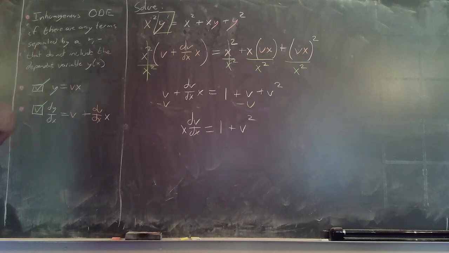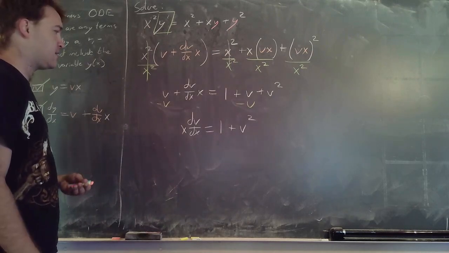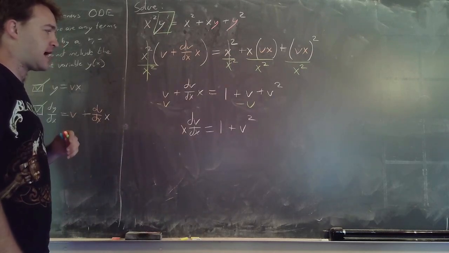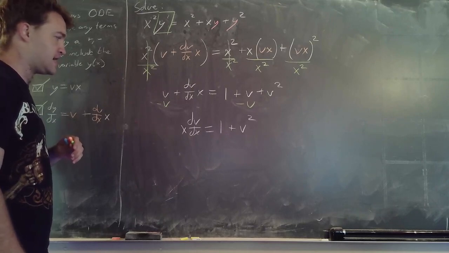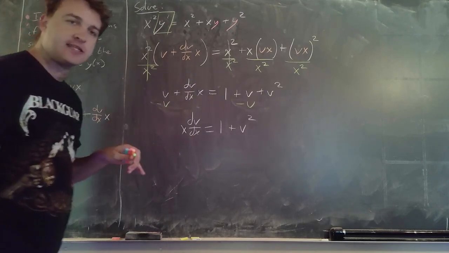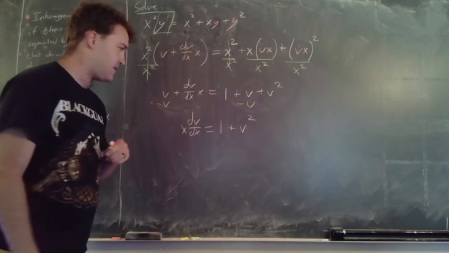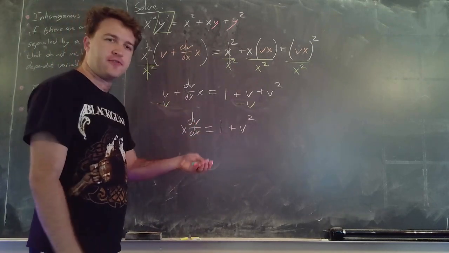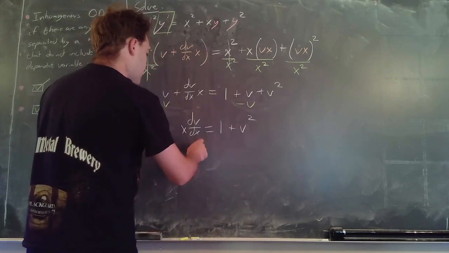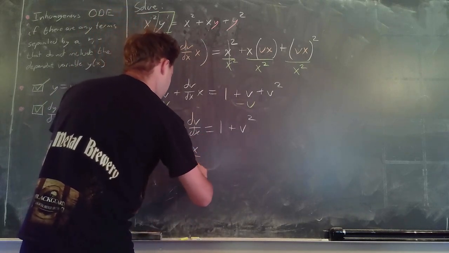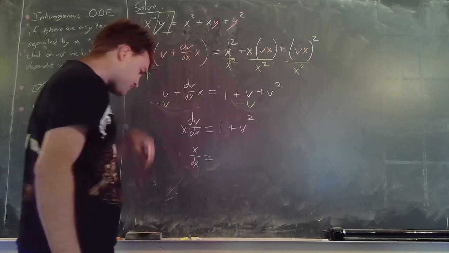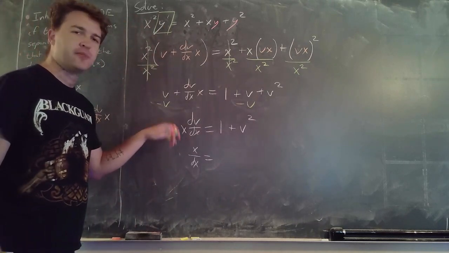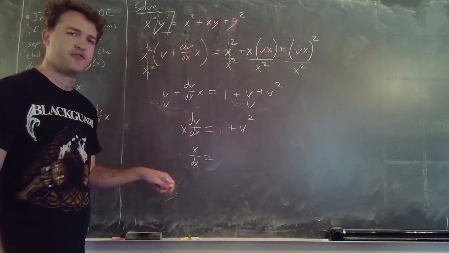Okay, so the next step here is going to be to figure out how to get the x and the dx on the same side and the v and the dv on the same side. And of course we could very easily just divide off this dv term, which will give us x over dx. And maybe I should say that I'm being a little bit cavalier here with dividing off the differential part.